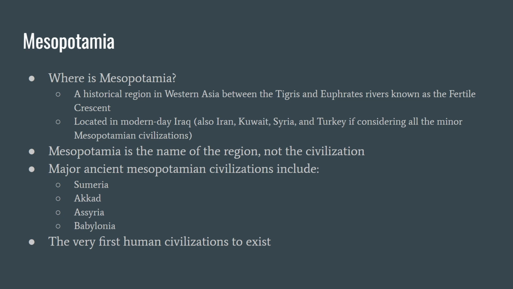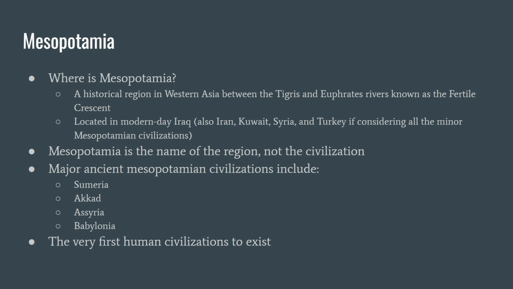This area, Mesopotamia, is located in modern-day Iraq. It also spreads out to Iran, Kuwait, Syria, and Turkey, if you're considering all the minor Mesopotamian civilizations. That Middle Eastern, Central Asian area is the cradle of civilization.